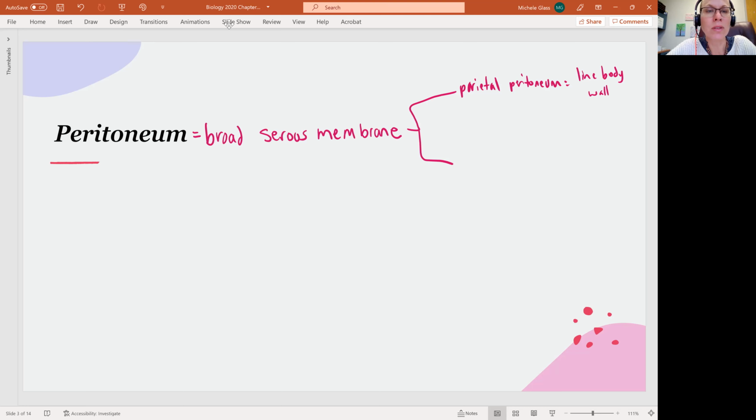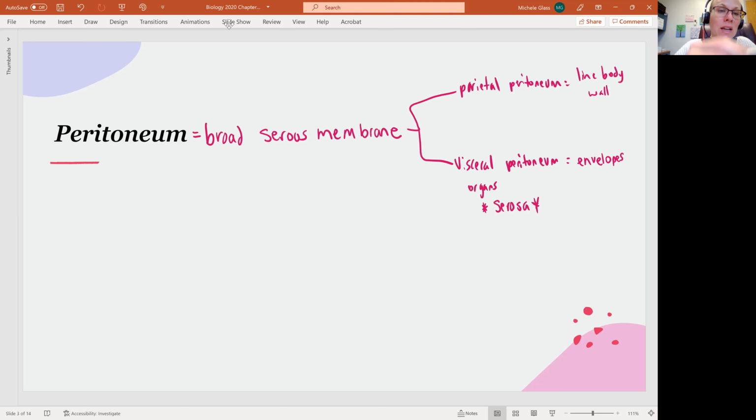So we're talking about the muscle that's encasing the abdominopelvic cavity, and the parietal peritoneum is lining the inside of that body wall. And then you have the visceral peritoneum, which is going to be, I liked this phrasing, envelops organs. Or this is what we called the serosa in the previous video.